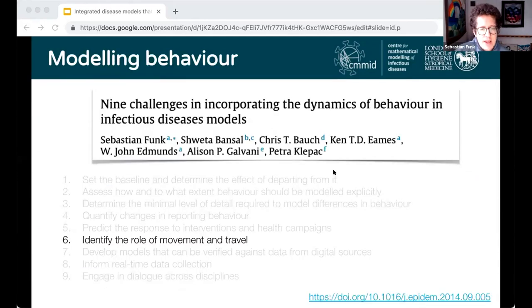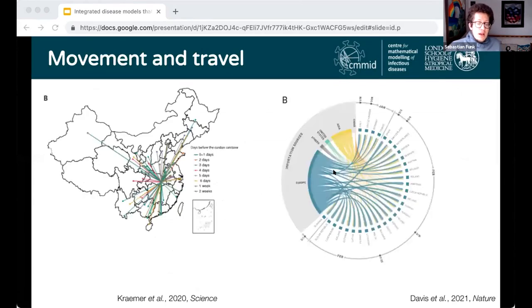We talked about identifying the role of movement and travel as a challenge, and this I think is something where, through the wide availability of movement data, there has been quite a lot of really informative work in the pandemic, both in terms of some very nice work by Kramer and others on the early dispersal of COVID-19 in China, and then quite recently, really nice work on the spread of early SARS coronavirus 2 early in the pandemic in Europe, and the huge scale up of the availability of pathogen genomic data has also helped with this.